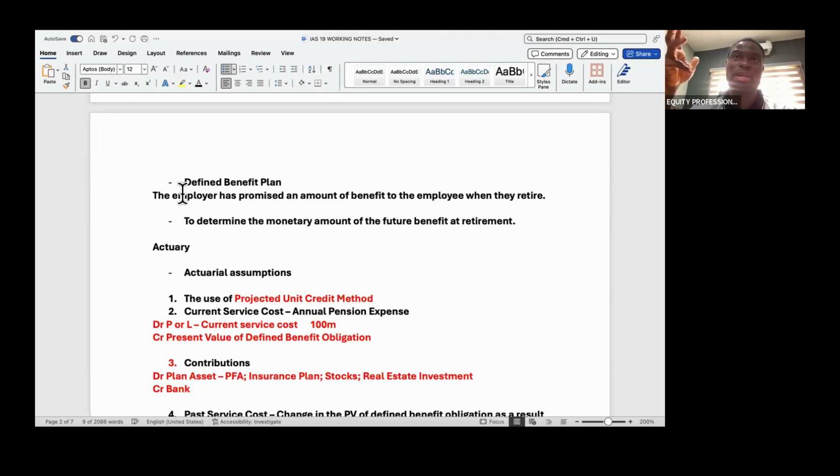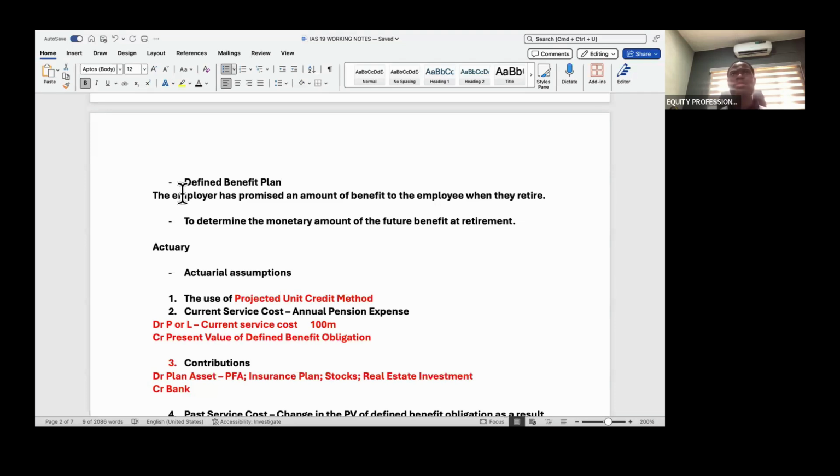But with a defined benefit plan, the employer has to ensure that when the employee retires, he fully gets that benefit, fully. And that's a challenge, right? Challenge in the sense that how do we determine the monetary amount of the future benefit at retirement?